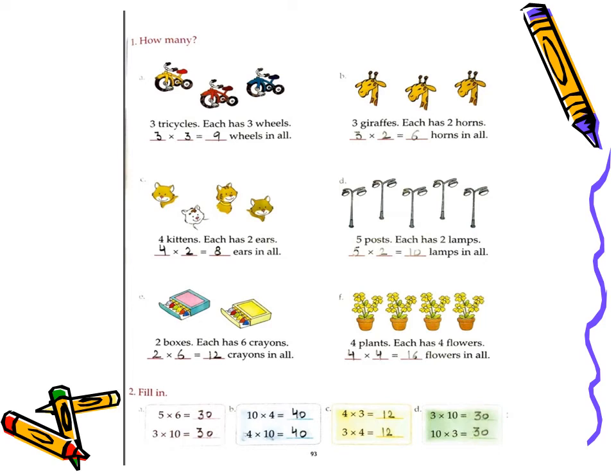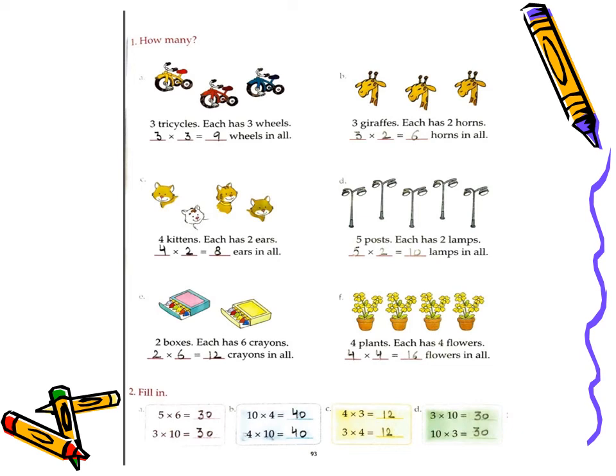C part, 4 into 3 equals 12. 3 into 4 equals 12. D part, 3 into 10 equals 30. 10 into 3 equals 30. So the answers you can see in question number 2 are similar in both the parts.